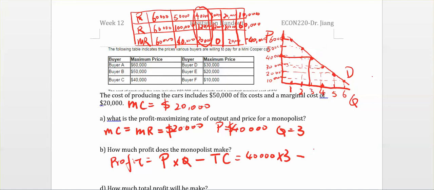So total cost is equal to the fixed cost, $50,000, plus the variable cost, or how much cost we will add.